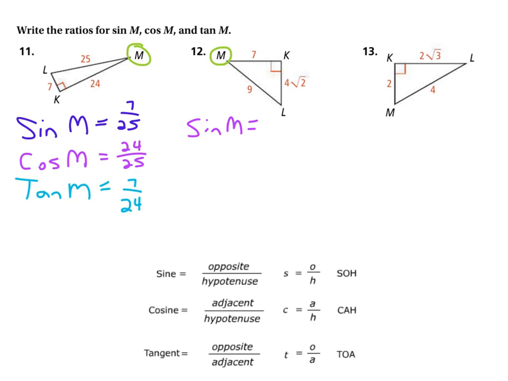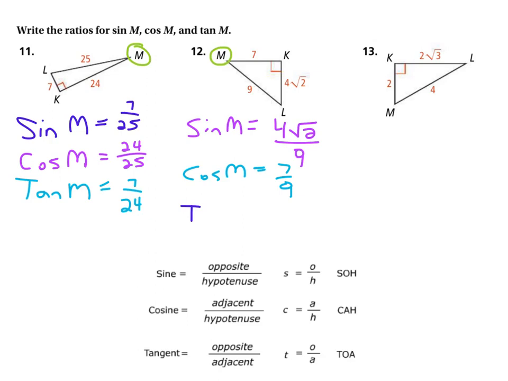What's opposite to angle M on number 12? Opposite is 4 root 2 over hypotenuse, which is 9. Okay? And then the cosine of M is the adjacent side. What's adjacent to the angle M that's not the hypotenuse? That's 7. Over the hypotenuse, 9.